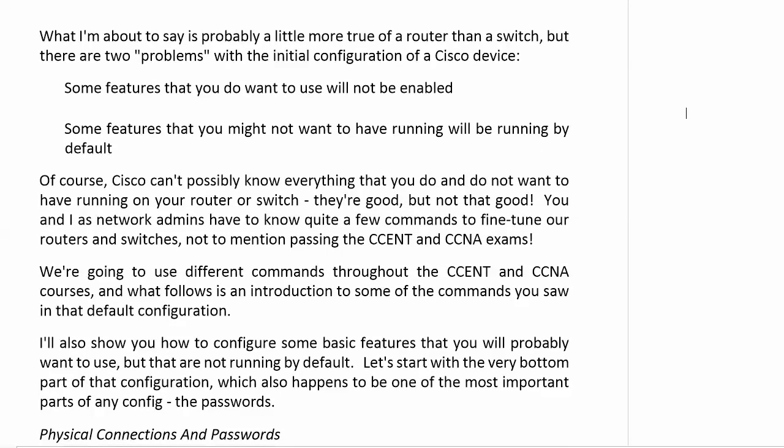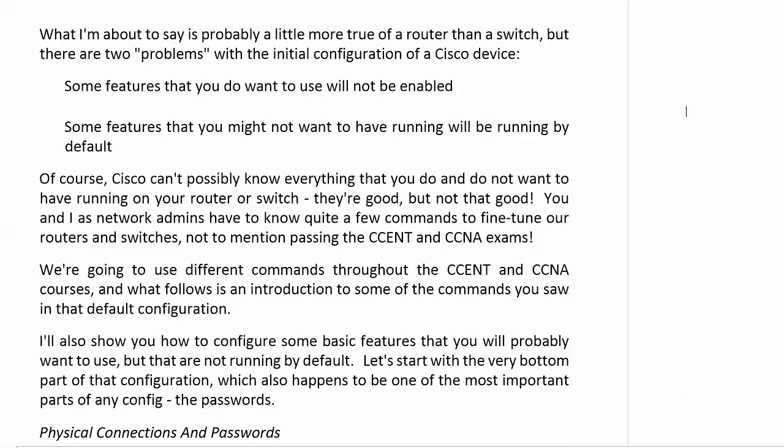Now, what I'm about to say is probably a little more true of a router than a switch, because a lot of times, especially in a smaller network, you can almost just slap a switch into your network, picks up the VTP information, picks up the VLAN information, you go to town, and you're ready to go. But with a router, some features that you do want to use are not going to be enabled, and some features that we don't want to have running will be running by default.